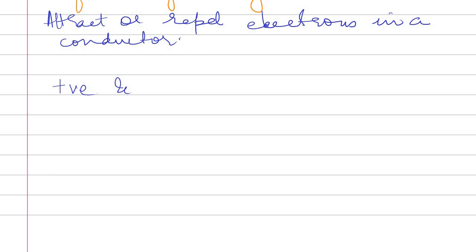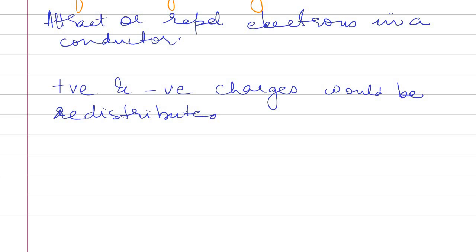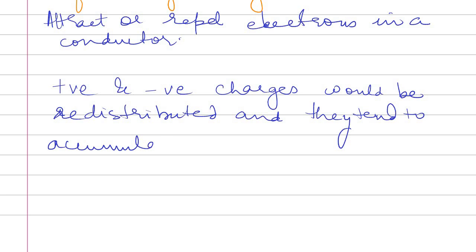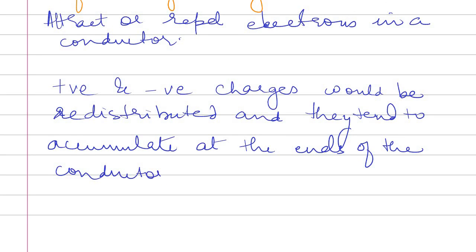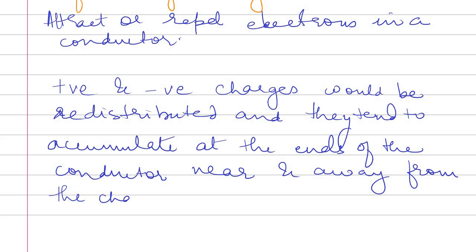Positive and negative charges would be redistributed, and they tend to accumulate at the ends of the conductor, which are near and away from the charged body.